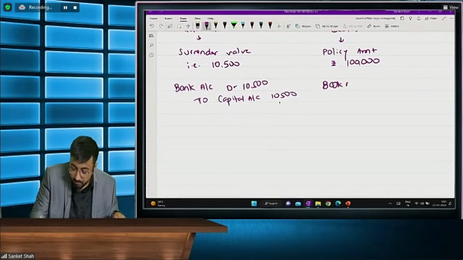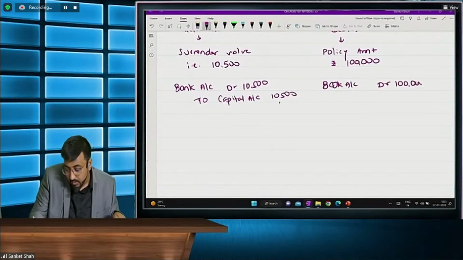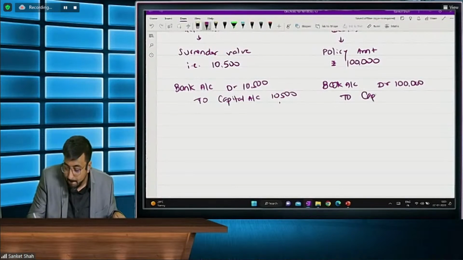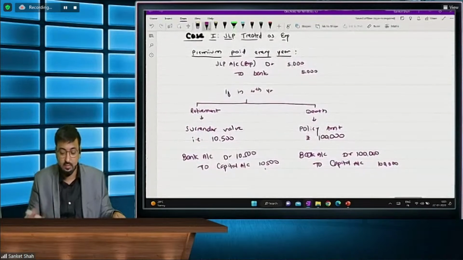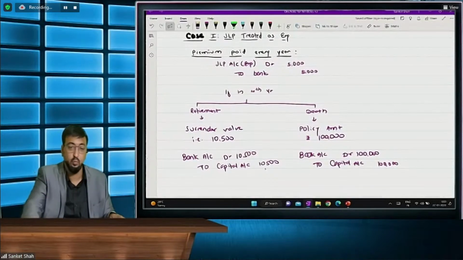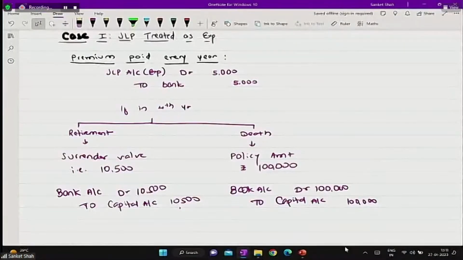And here, bank account debit 1 lakh. So you will treat it as income and transfer 1 lakh directly to capital account. Understood the first case, if JLP is treated as expense? Bank to capital. Understood? In the fourth year, death, 1 lakh, yes.